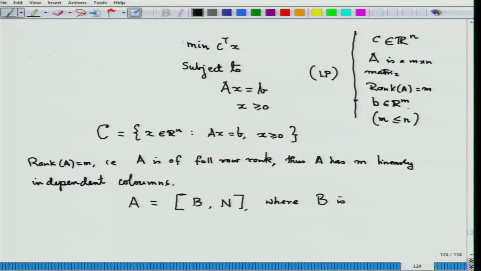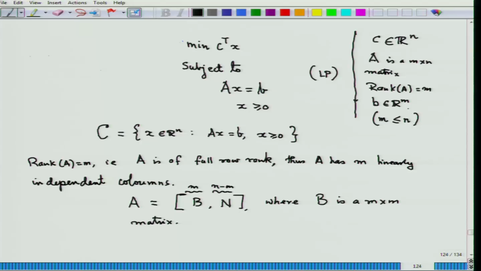where B is an m cross m matrix. So, these are the first m columns and these are n minus m columns.